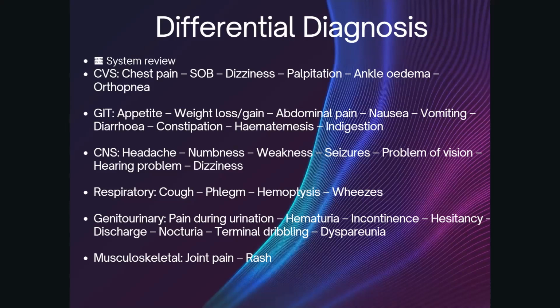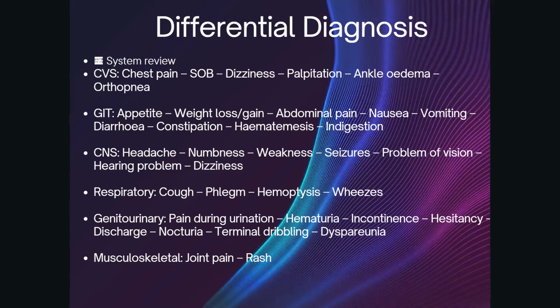In a system review, try to relate all of these together and keep them in the back of your head. Chest pain, breathlessness, dizziness, palpitations, ankle edema or insomnia can all be related to each other. If the patient doesn't volunteer, saying, oh doctor, I have got breathlessness or a fast heartbeat, you still need to ask about them.